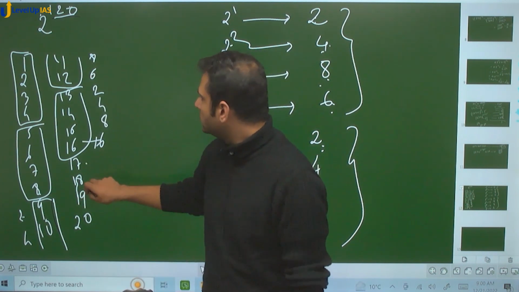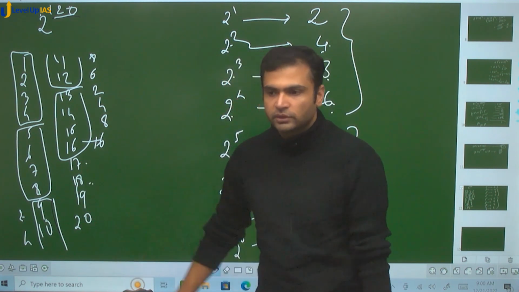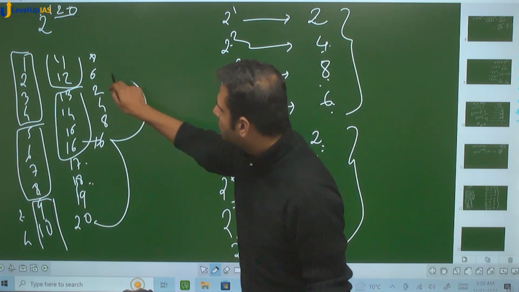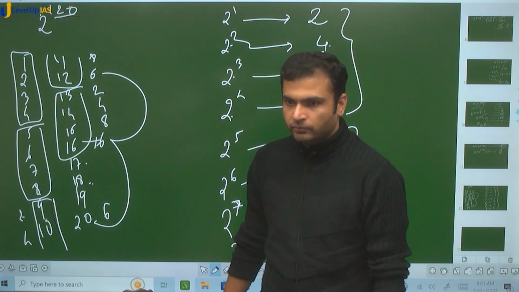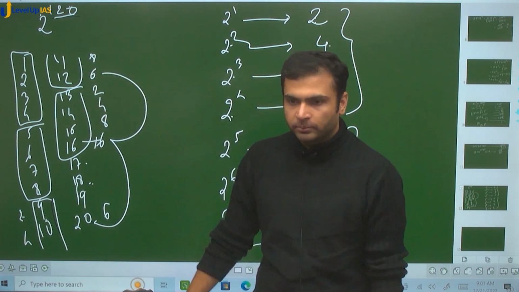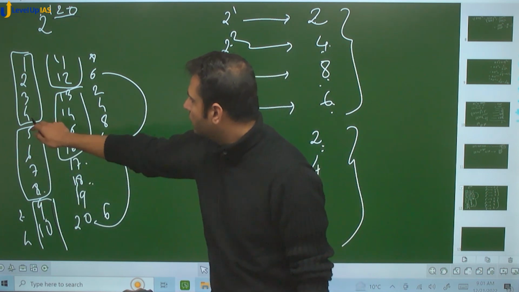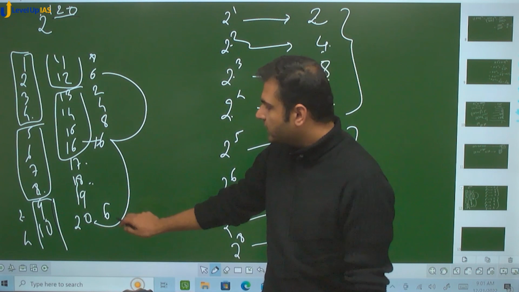When the number is divisible by 4, it is always 6, because everything is coming in blocks of 4. If the number is divisible by 4, like 4, 8, 12, 16, 20, you have 6.